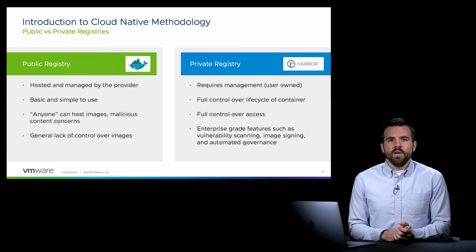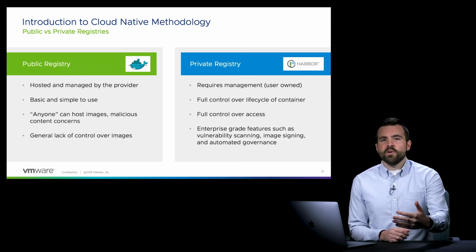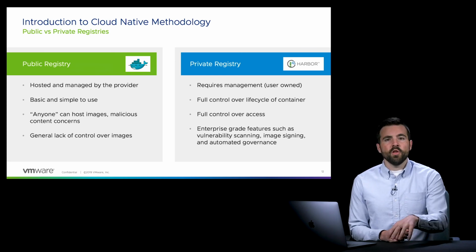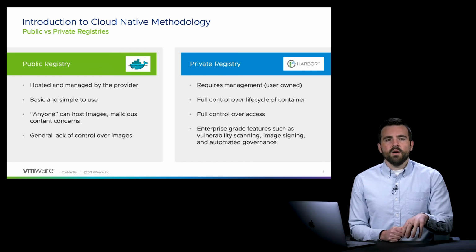So for instance, with Harbor, if I push a container to Harbor, I can set it up to automatically scan that container for vulnerabilities. And then if another user wants to pull that image, if the image contains vulnerabilities, then Harbor prevents that image from being pulled down into the environment.